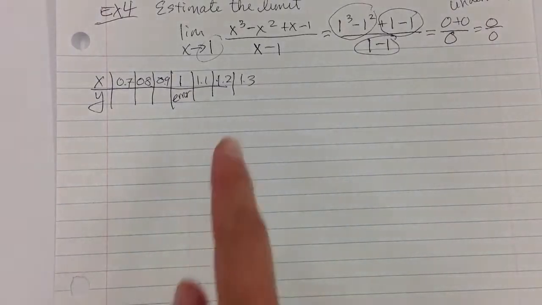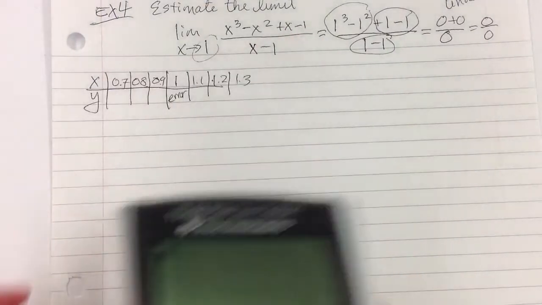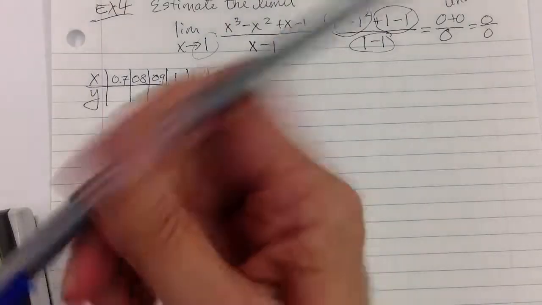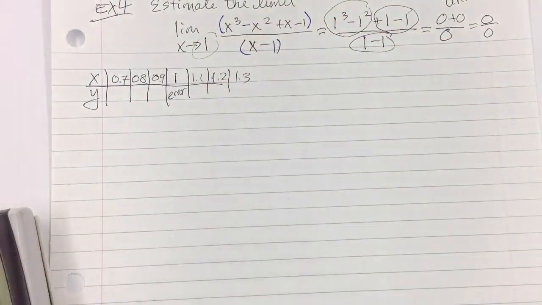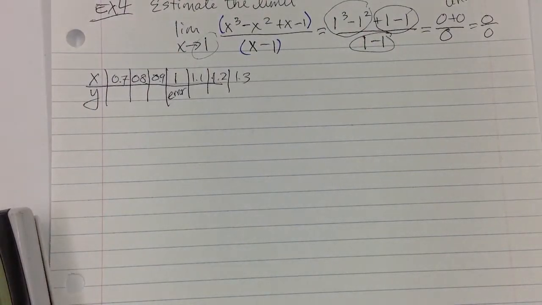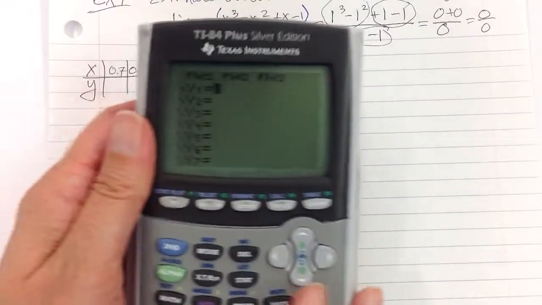Okay. So to do this, again, we plug this function into our calculator. You're going to have to put parentheses around the top and the bottom to hold all that together. So I'm going to clear out my last function.